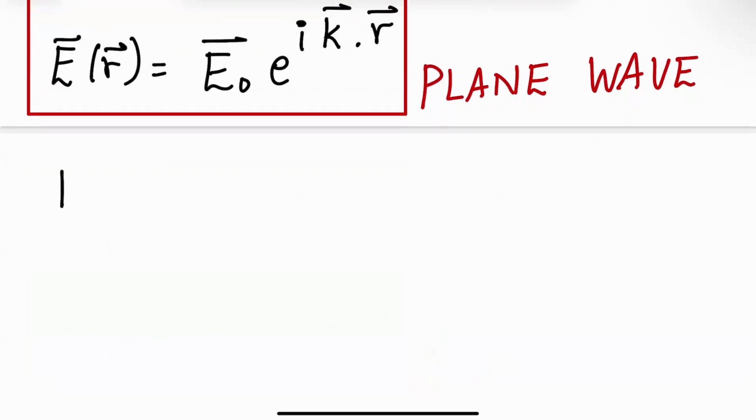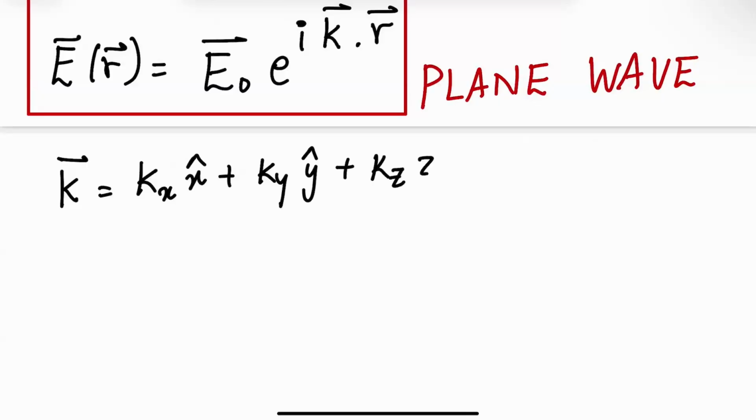So I should write again that the k vector is kx x hat plus ky y hat plus kz z hat. And the modulus of k is the square root of kx squared plus ky squared plus kz squared, and that is nothing but k from the dispersion relation.